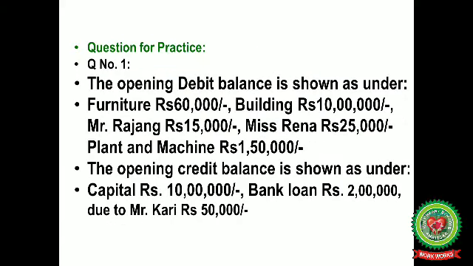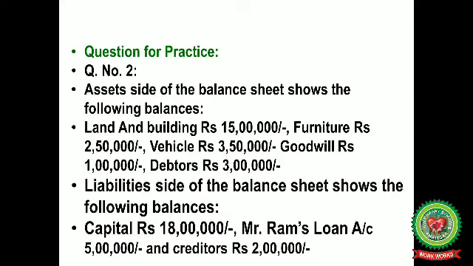Now you have to practice a few questions, a few numericals. Question number 1. The opening debit balances are as under: furniture 60,000, building rupees 10 lakh, Mr. Rajang 15,000, Miss Reina 25,000, plant and machinery 1 lakh 50,000. The opening credit balances are: capital rupees 10 lakh, bank loan 2 lakh, due to Mr. Curry 50,000.